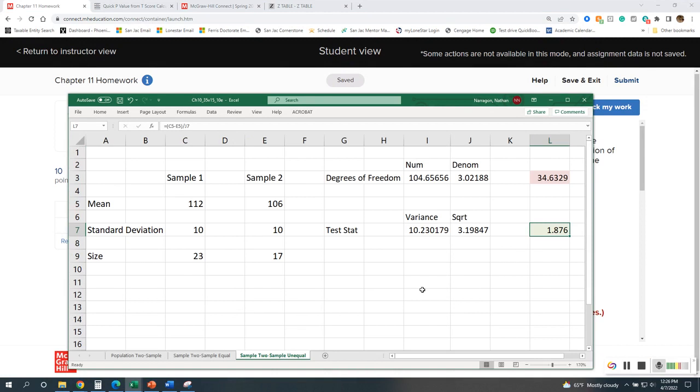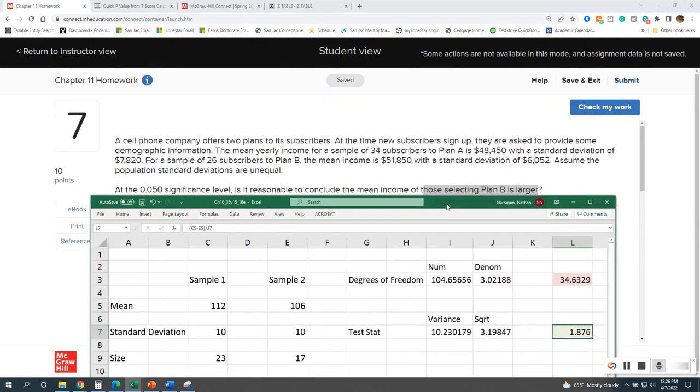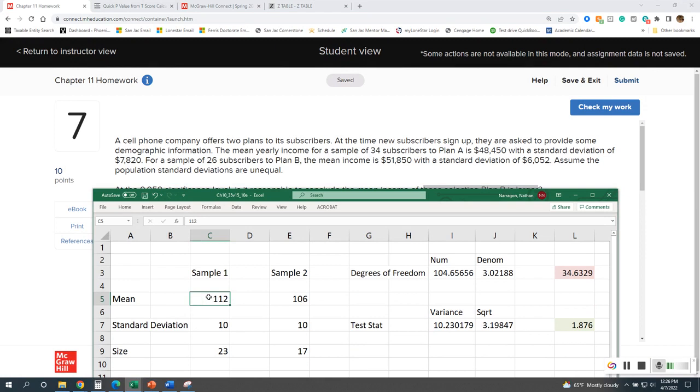Go find our sample 2 sample unequal. So we know we got degrees of freedom, and we have our test stat. So let's input our numbers. Population 1, which is Plan A, has 34 subscribers with a standard deviation of 7,820 and a mean of 48,450.